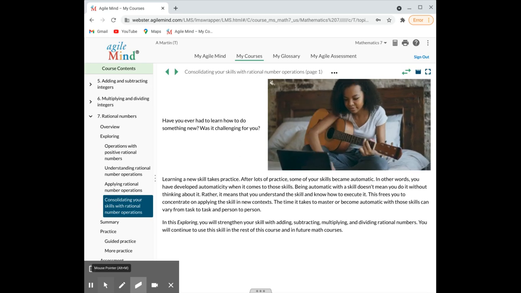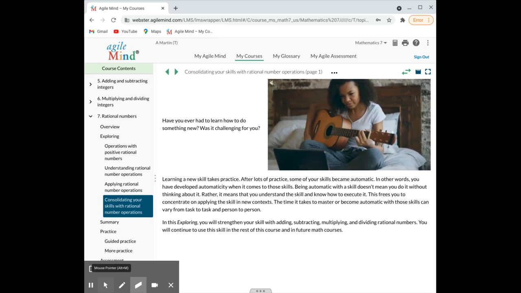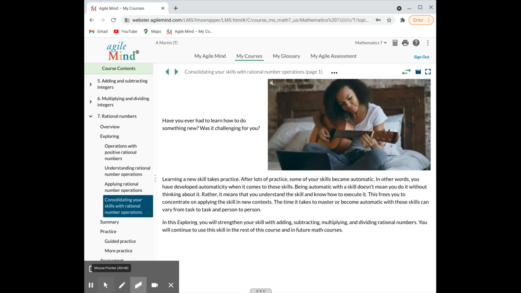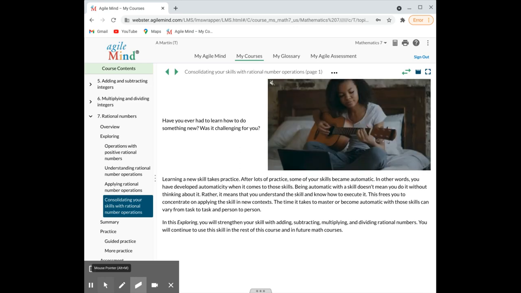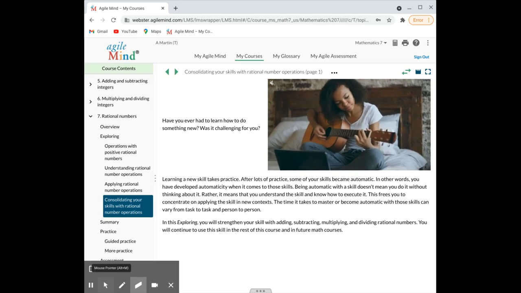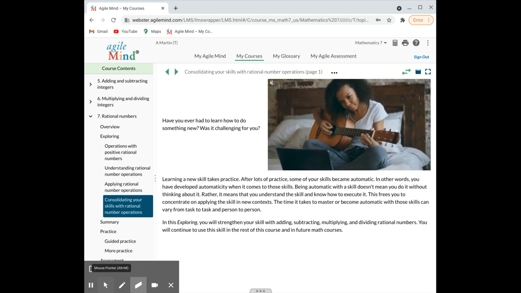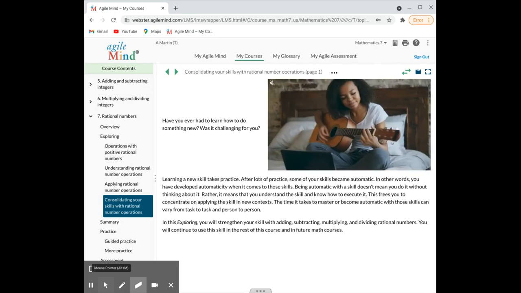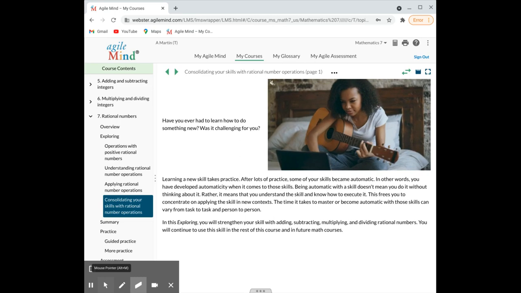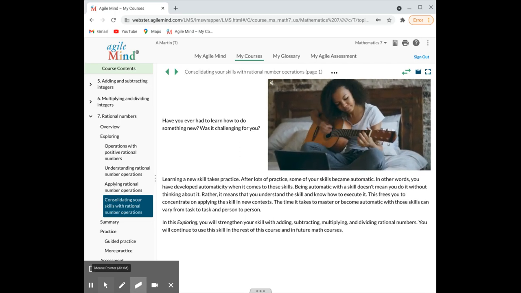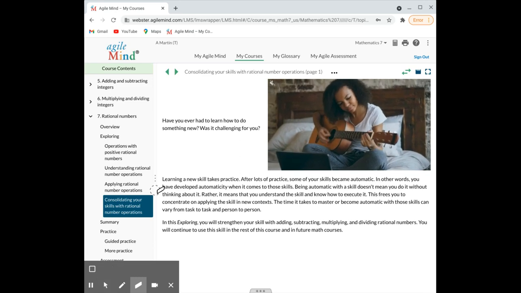So, in this exploring, we're going to strengthen your skill with adding, subtracting, multiplying, and dividing rational numbers. And we're going to do that by continuing to use the skill in the rest of the course and in future math courses. So that's why I say it's important to practice, because whenever you practice, you automatically know what to do. And if you automatically know what to do, then it's easier, right? Yes or no? Yes. Yeah, it gets easier.